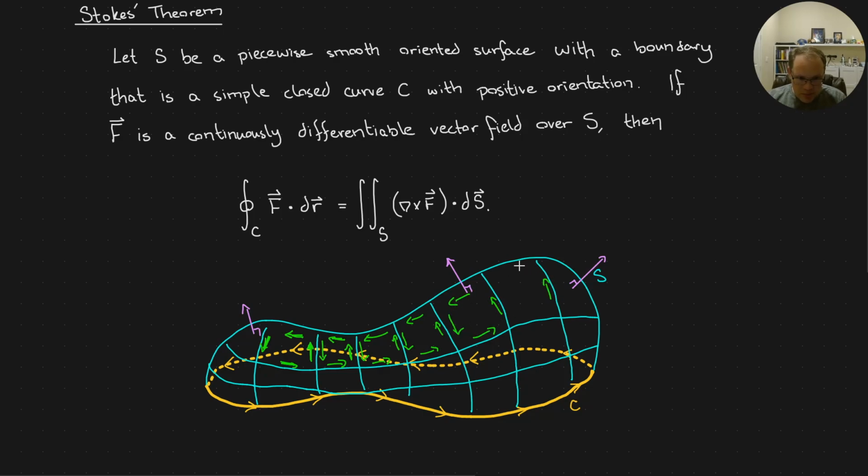And just like before, for adjacent parts of the surface, adjacent cells here, the components of the curl will cancel out.